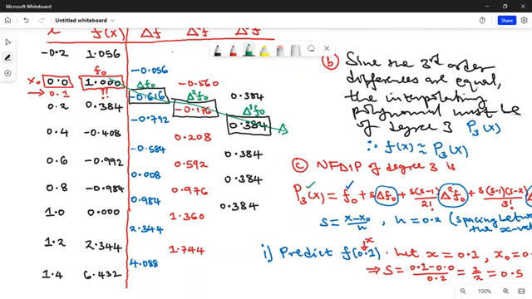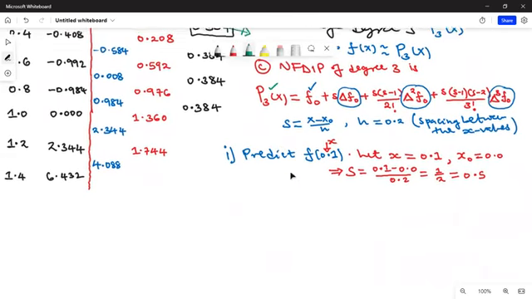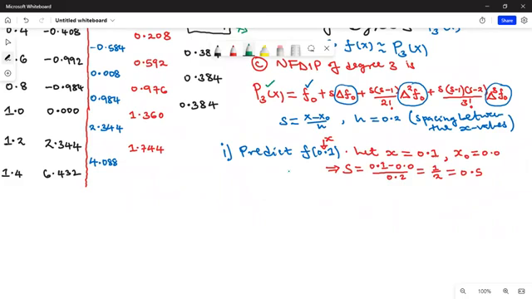So let's substitute f naught, delta f naught, delta squared f naught, delta cubed f naught, and even s into our polynomial of degree 3, the interpolating polynomial. So in this case, our f of 0.1 is approximately equal to P3 of x naught, which is 0, plus s, which is 0.5, times h, which is 0.2.